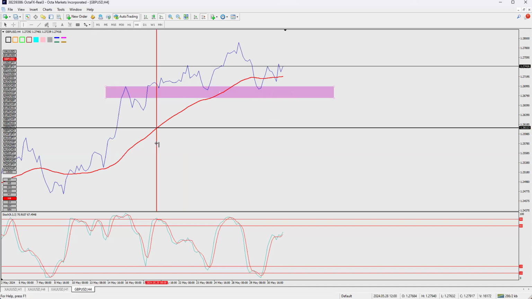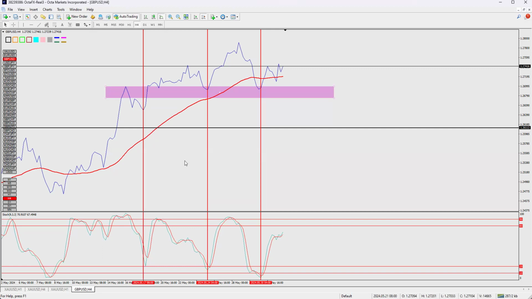So I'll look for divergence. Do we have divergence? I'll just look for this one, and then we have this one. Again, you can take this one too. You can see these are clear divergence.